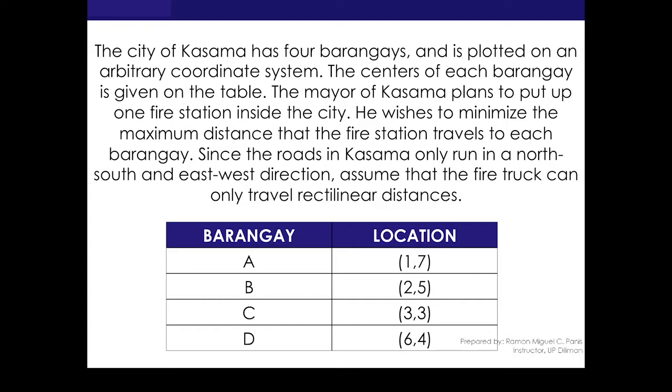To elaborate on this example, we wish to find where to put the fire station such that it minimizes its maximum travel distance in case a barangay needs help in putting out a fire. So, without transformation, we are actually doing a minimax problem. Let's formulate this without any transformations yet.